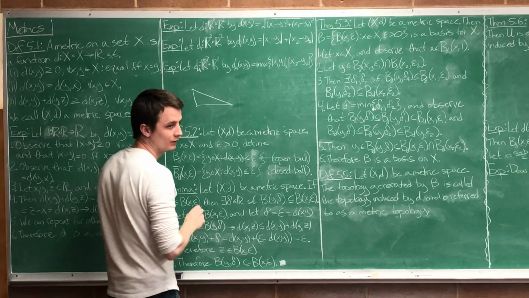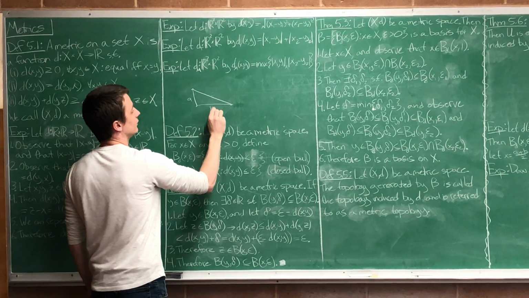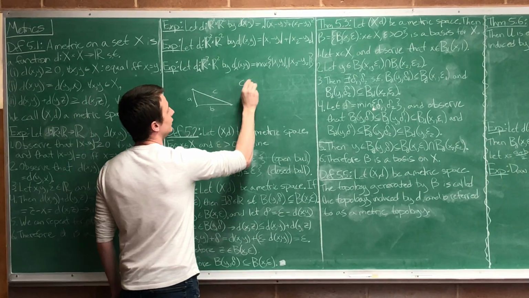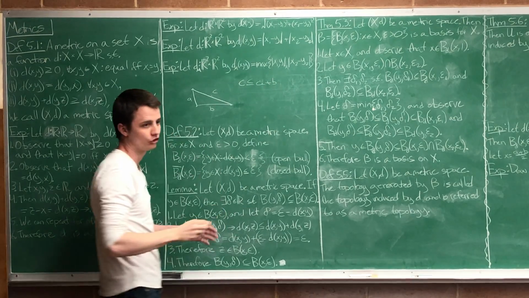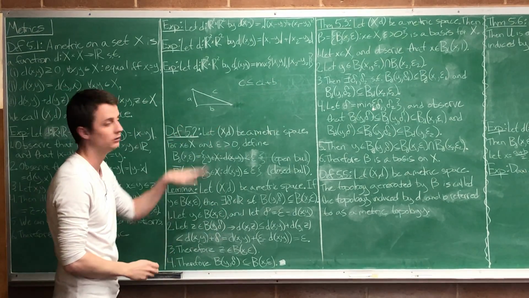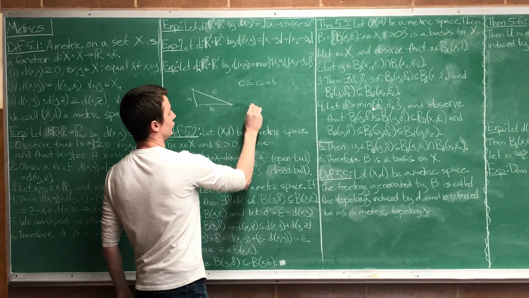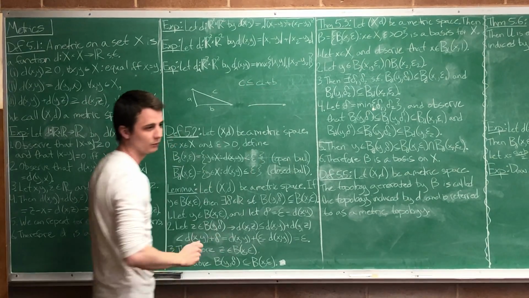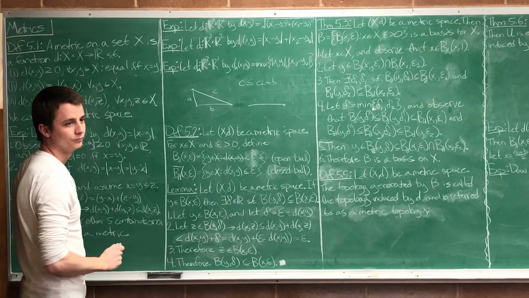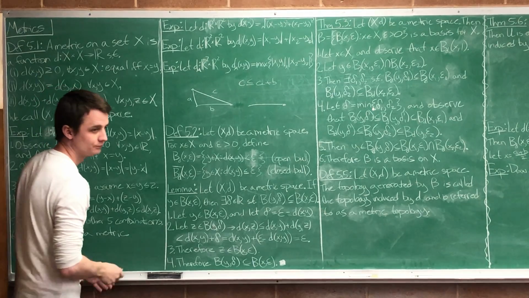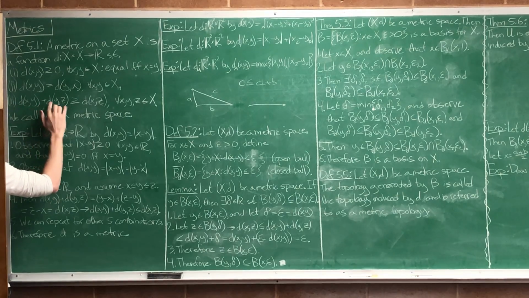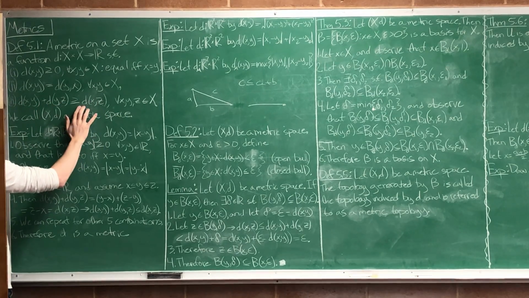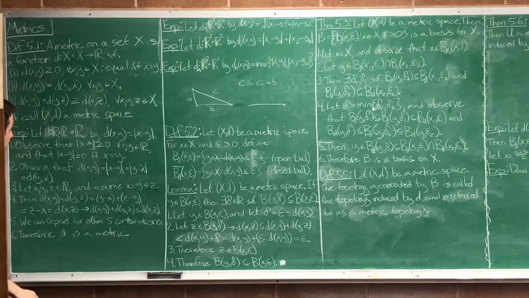So if this is distance A, this is distance B, this is distance C, then C is less than or equal to A plus B, where you allow the weird case of a straight line triangle. If you don't allow the triangle to just be a line segment, then we'll get rid of the equals. Make sense? So that's what this is saying: the distance from x to y plus the distance from y to z has to always be greater than or equal to the distance from x to z.